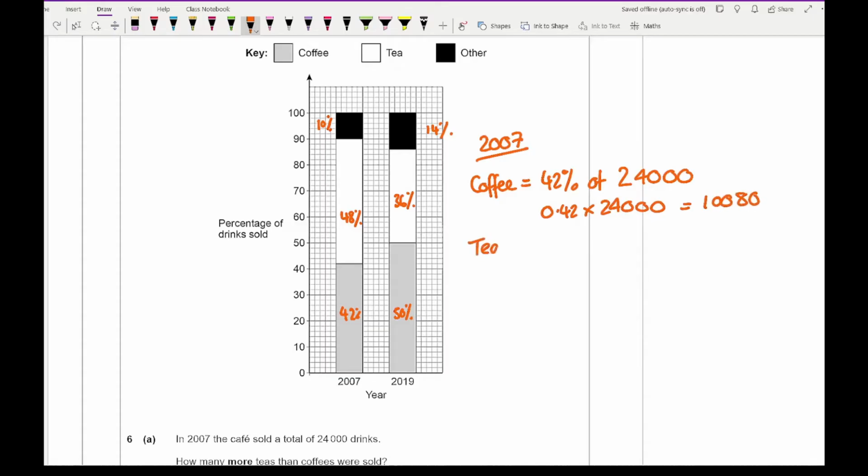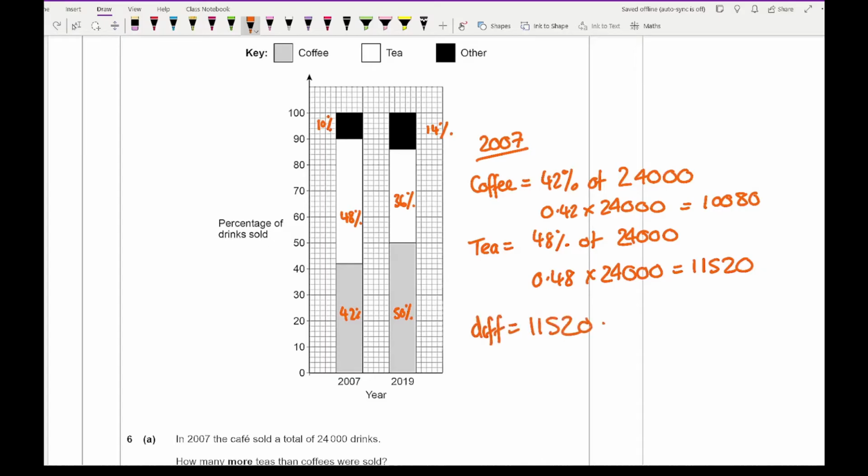Then I look at the tea, and that's going to be 48% of 24,000, so 0.48 times 24,000, and that comes up to a value of 11,520. Then what I want to do is work out the difference. So it's going to be 11,520 minus 10,080, and that gives me an answer of 1440.